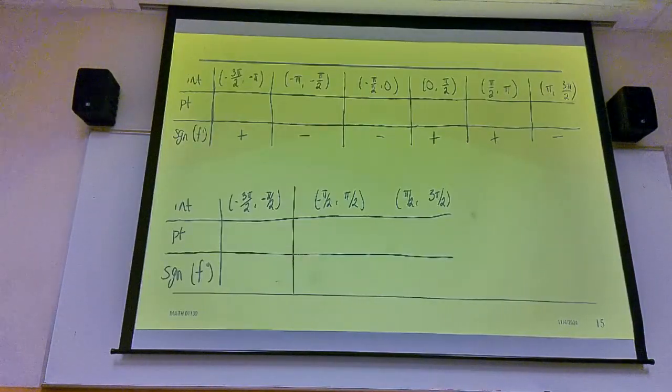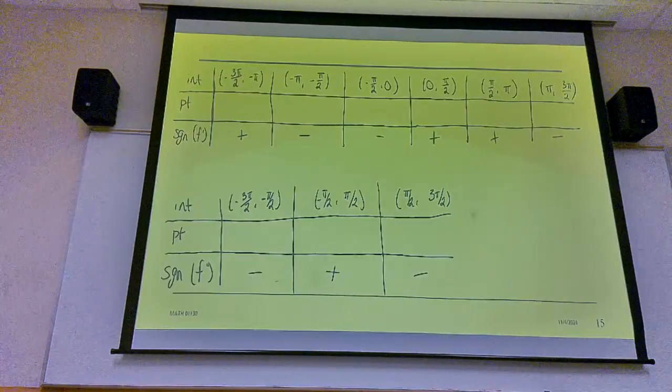Same thing here. The points don't actually matter. If you know how the trig functions behave on each interval, this is extremely easy. You can write out the intervals of increasing, decreasing, the intervals of convex, concave.